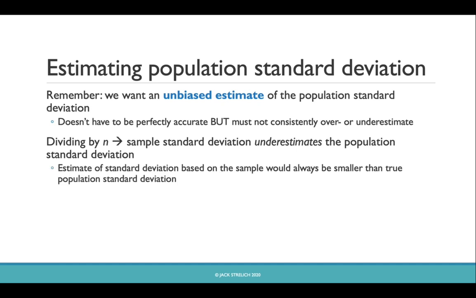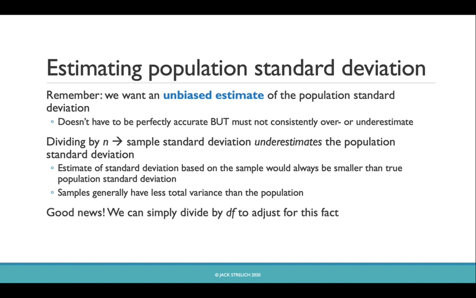In other words, our estimate of the standard deviation based on the sample would always be slightly smaller than the true population standard deviation. And this is because samples, in general, have less total variance than the populations that they're drawn from. The good news is that we can simply divide by degrees of freedom, n-1, to adjust for this fact. But what is degrees of freedom, and why n-1?